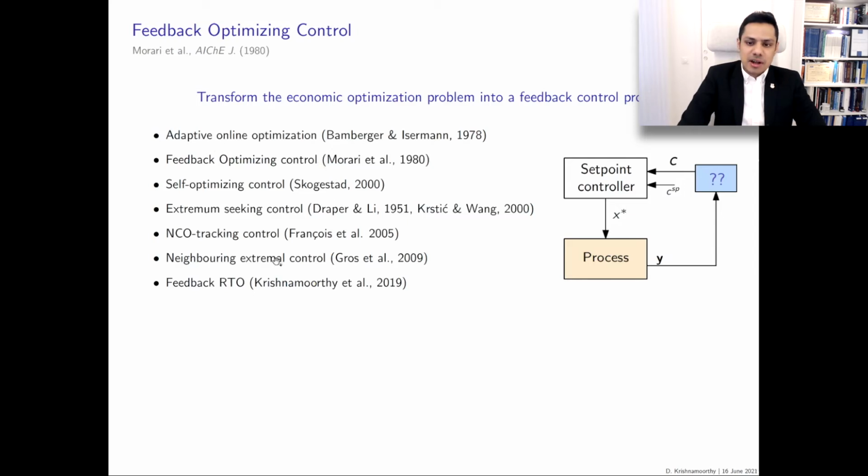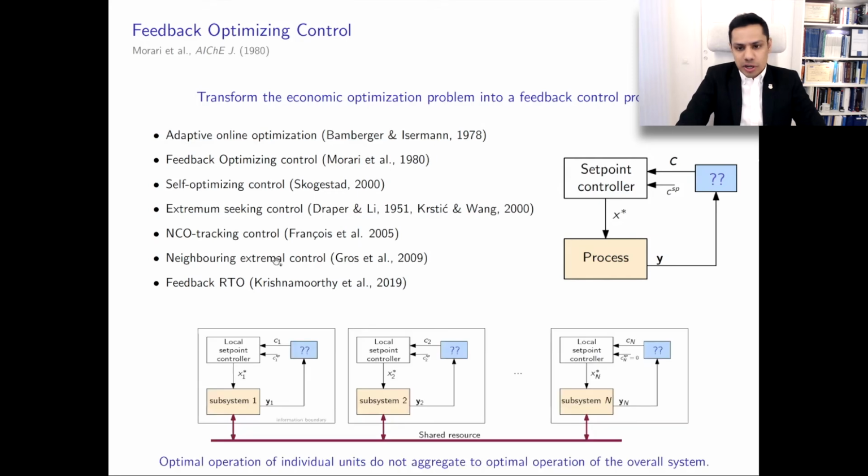Now, these methods are either based on controlling a single measurement, a linear combination of measurements, the steady state cost gradient, because that leads to achieving the stationarity condition and hence the necessary condition of optimality, or even a linear combination of gradients as the optimizing control variable. Feedback optimizing control in general is more suited for unit operations or for small scale processes.